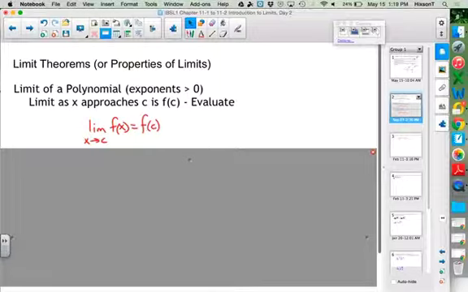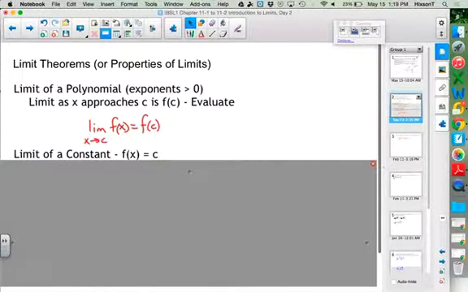Another one that's kind of obvious like this is the limit of a constant function. If y always equals 5, then as you approach x equals 2, what is our function going to approach? 5. Okay, it's not changing, so it's approaching the same value all the time.